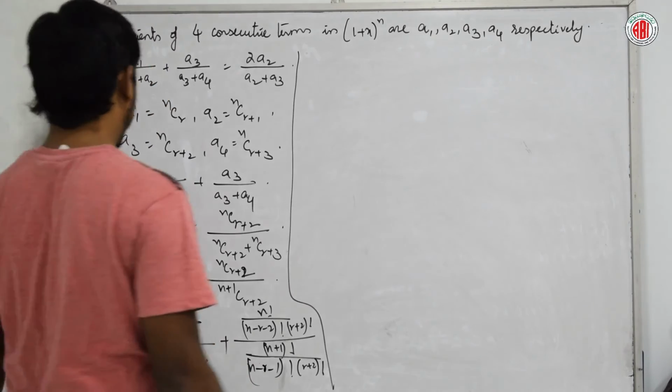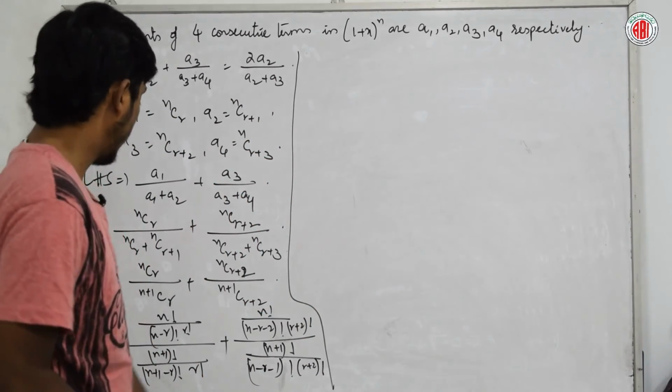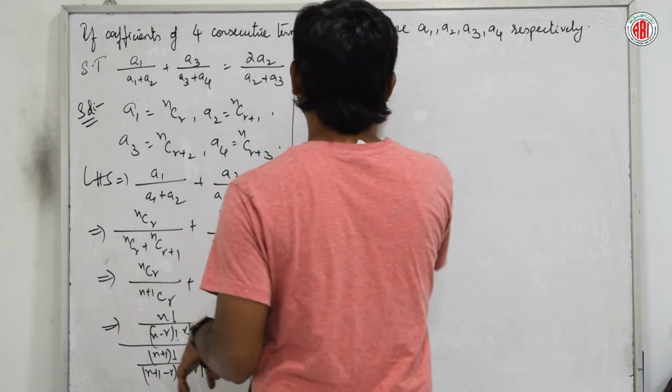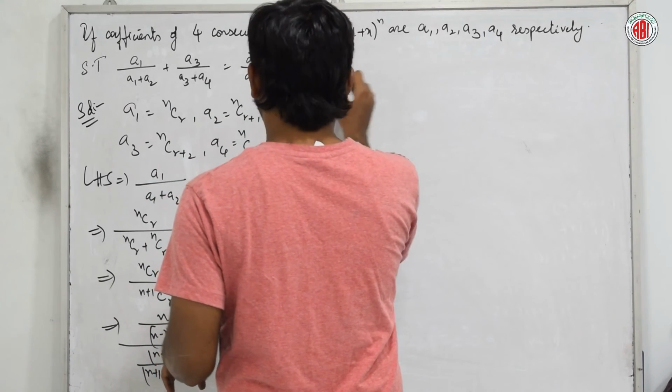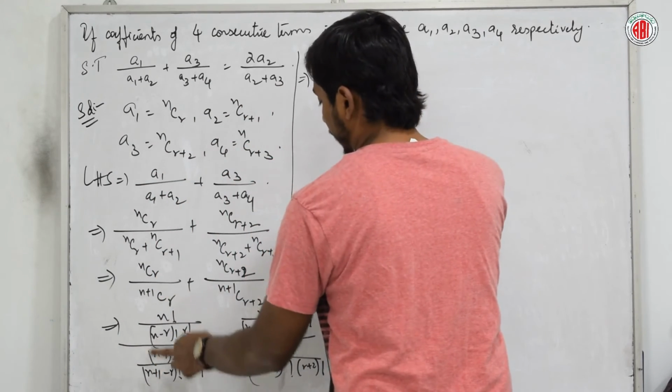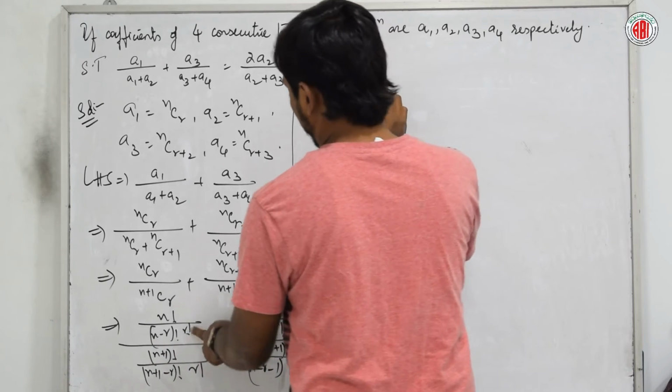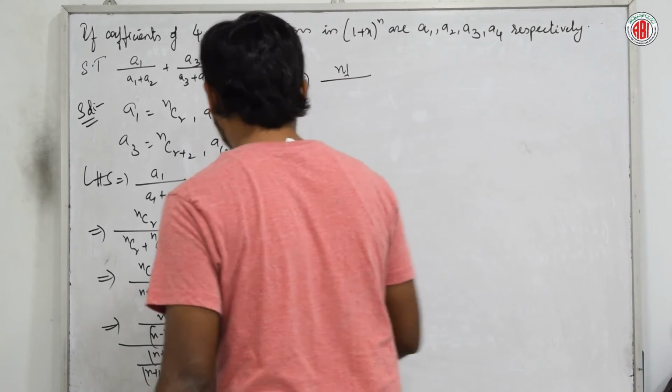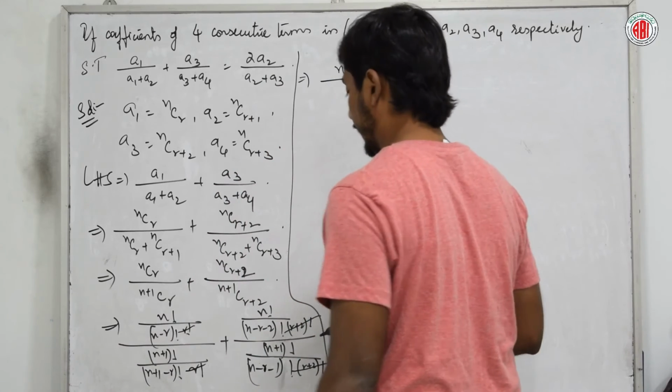Now let me simplify everything now. Here, okay, let us put n factorial divided by n minus r factorial into r factorial. These both will get cancelled, and here r plus 2 factorial will get cancelled.